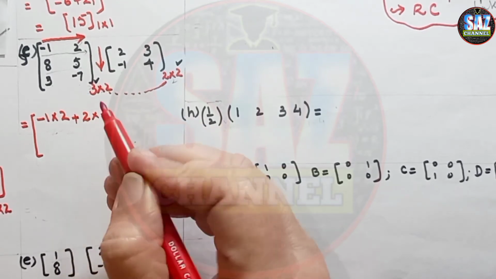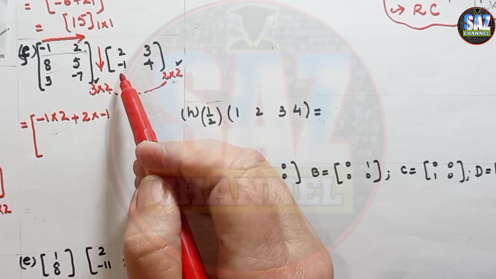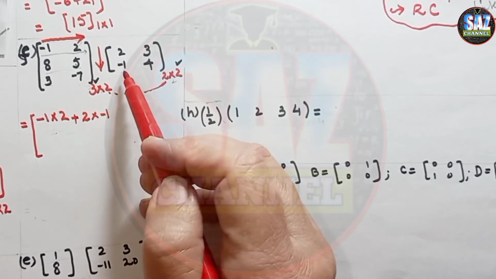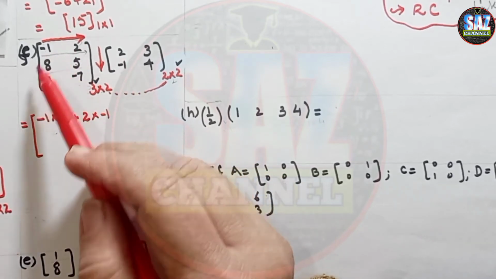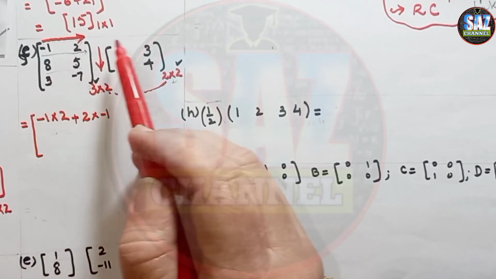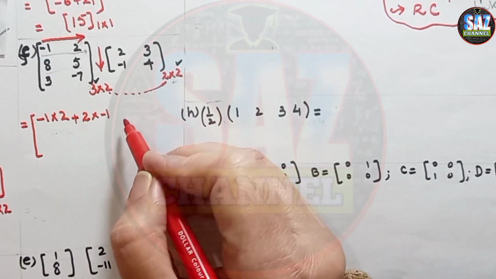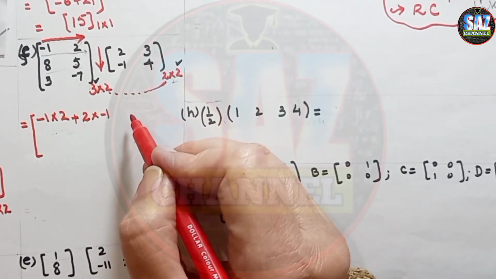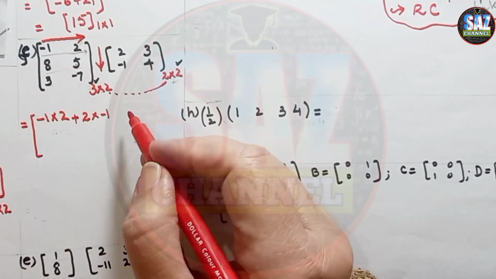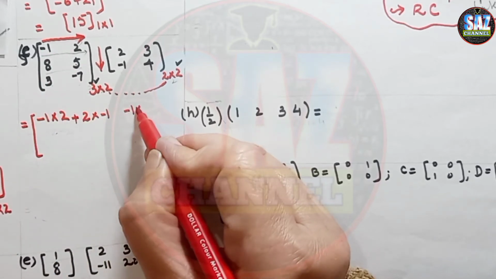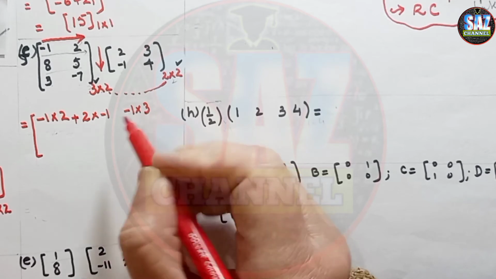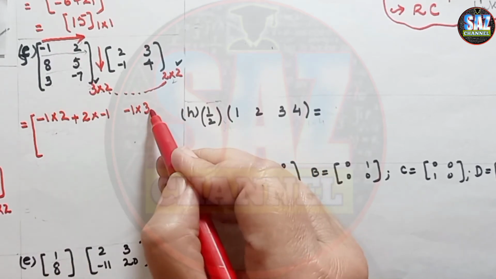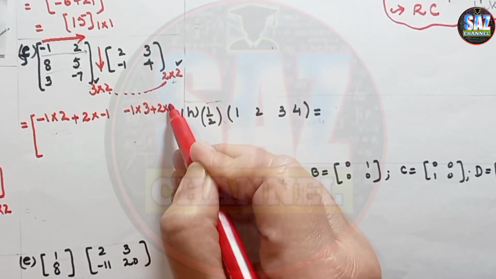Okay, now first row has been done with the first column. Now I have to repeat the first row with the second column. Okay, -1 multiplied by 3, and then 2 multiplied by 4 plus 2 multiplied by 4.